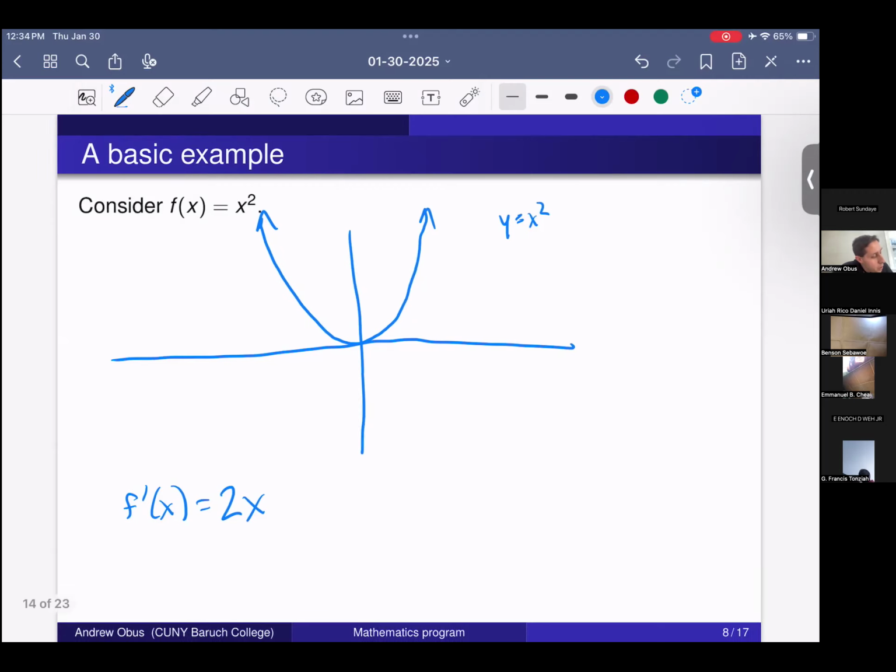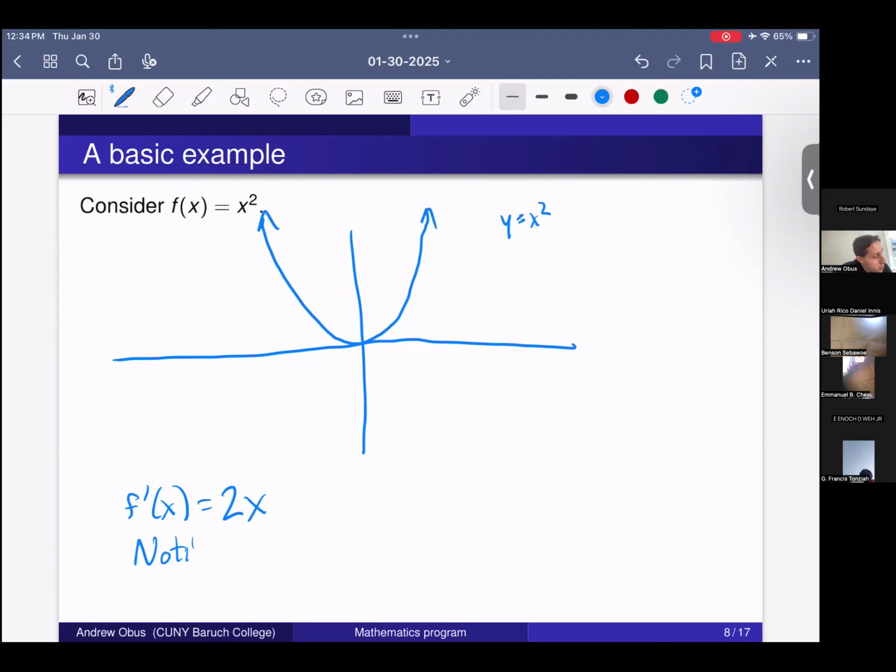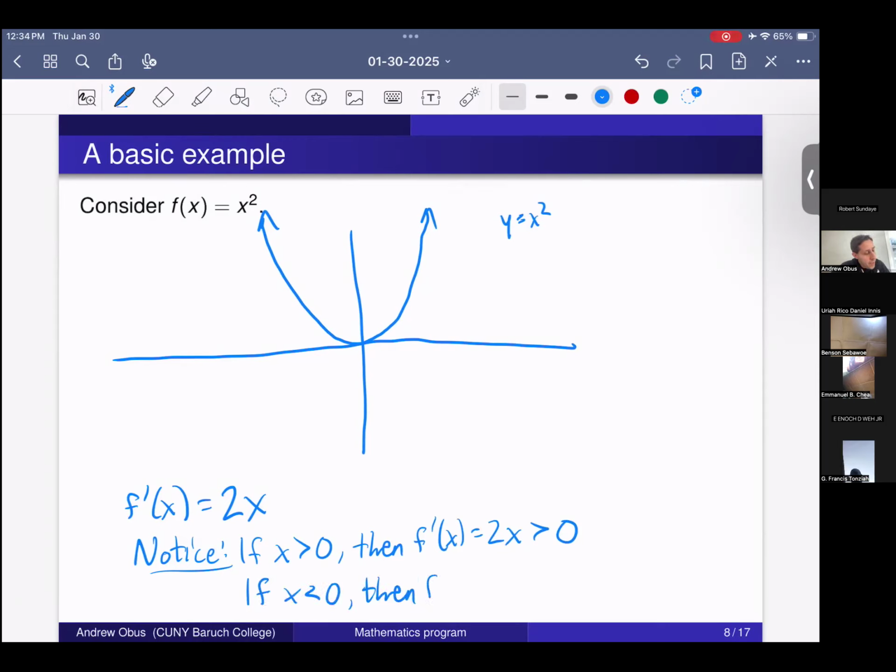What does that mean? Well, let's notice that if x is greater than 0, then f prime of x, which is equal to 2x, is also greater than 0. And if x is less than 0, then f prime of x, which is equal to 2x, is also less than 0.